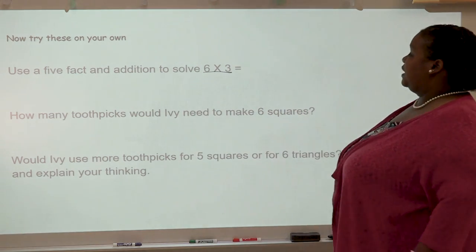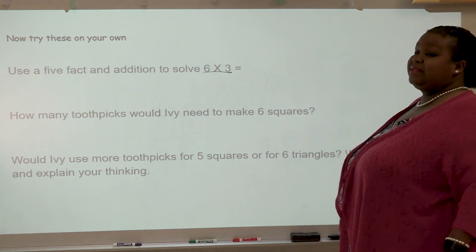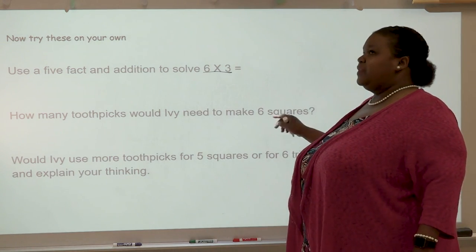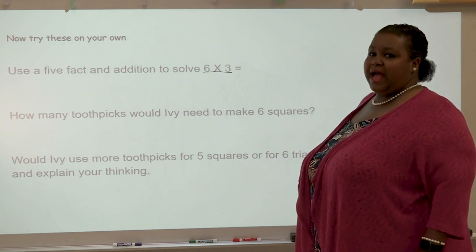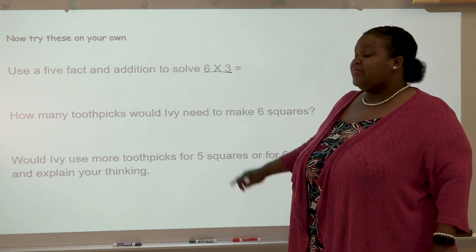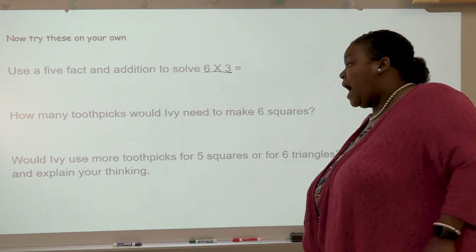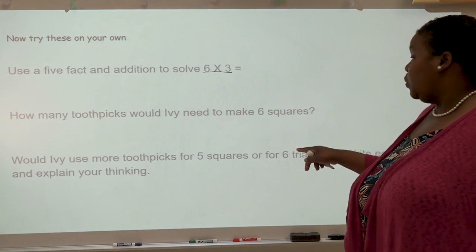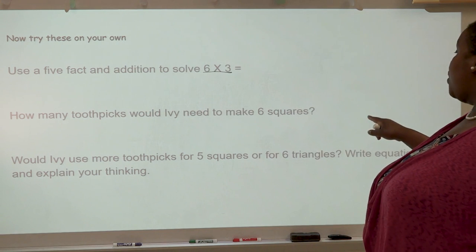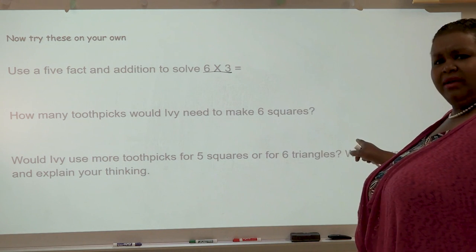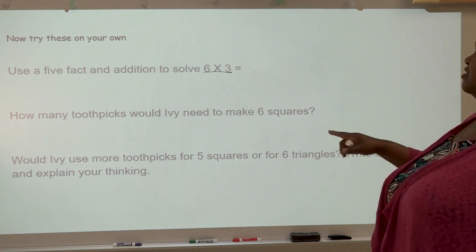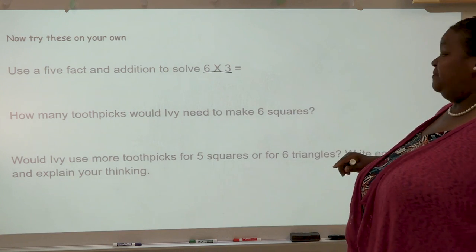How many toothpicks would Ivy need to make 6 squares? Oh, think about how many sides a square has. Hint, hint. And the last one: would Ivy use more toothpicks for 5 squares or for 6 triangles? Write equations and explain your thinking.